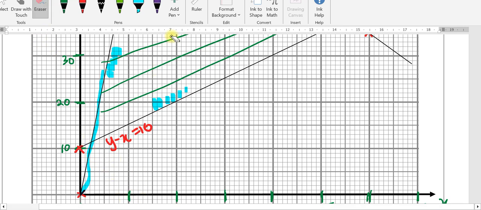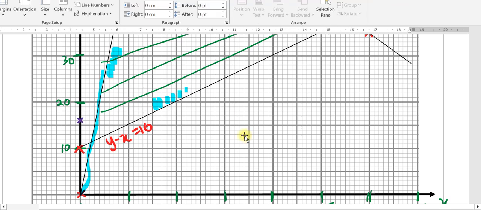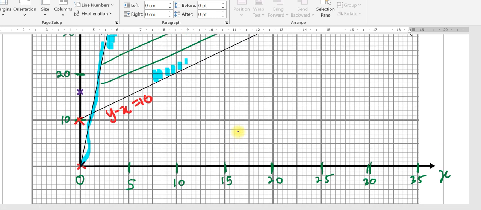Okay, jadi kamu plot je. 16 is here. This one is 8. 16 and 8. Okay.